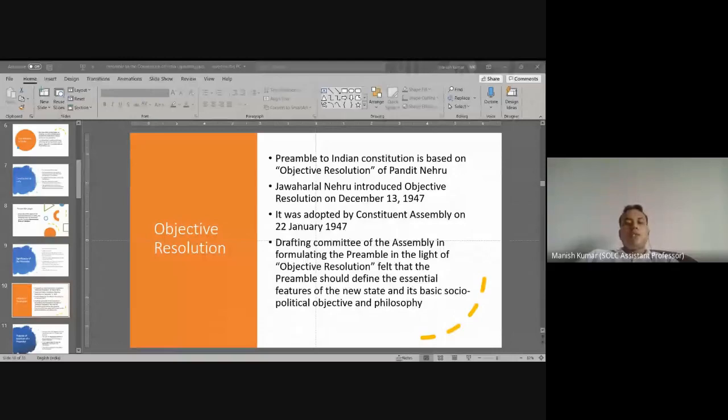The preamble of the Indian Constitution reflects the basic structure and the spirit of the Constitution. It is regarded as a channelizing tool for the interpretation of the Constitution as a whole.